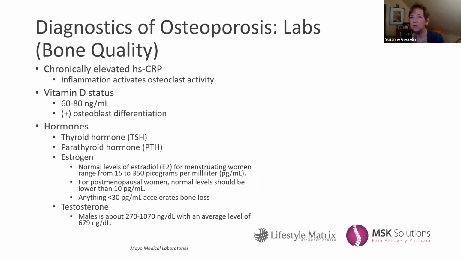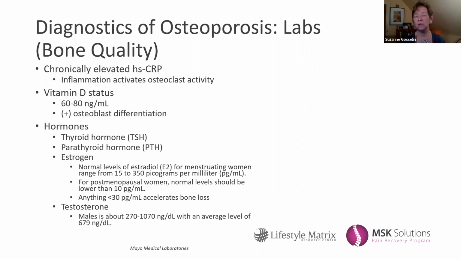And this might be some of the other labs that are beneficial to do when we're looking at bone health. Chronic inflammation accelerates or activates the osteoclast activity. Osteoclast activity, you remember, has to do with bone breakdown, right? Or resorption.